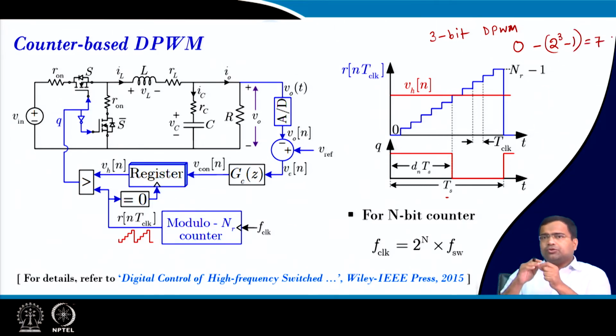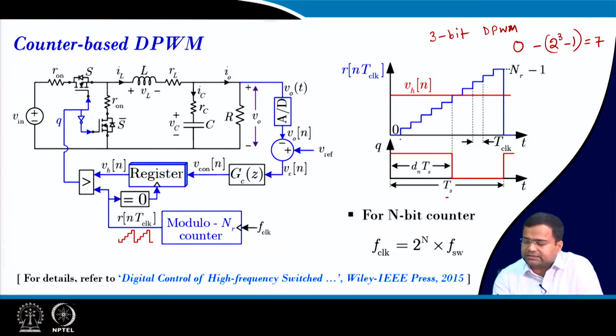So it goes 0, 1, 2, 3, 4, 5, 6, 7, and again repeats from 0. That means it takes a total of 8 clock cycles, measured with respect to the time period T clock. So for 3-bit resolution, your clock frequency will be 2 to the power 3 times the switching frequency.